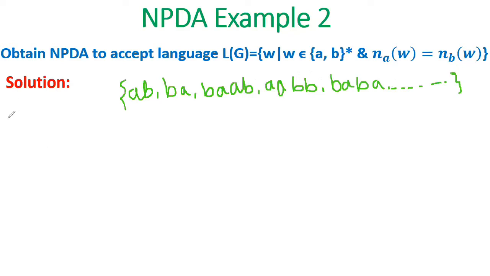I hope you guys remember the problem that we have solved in yesterday's class. It was A power n, B power n, where you have n number of A's, followed by n number of B's.